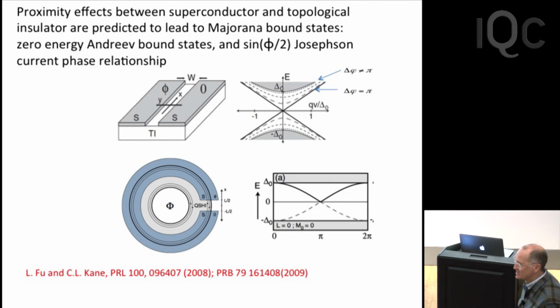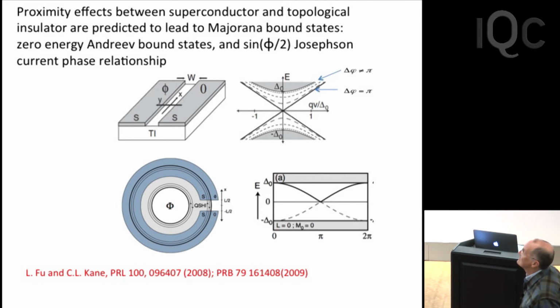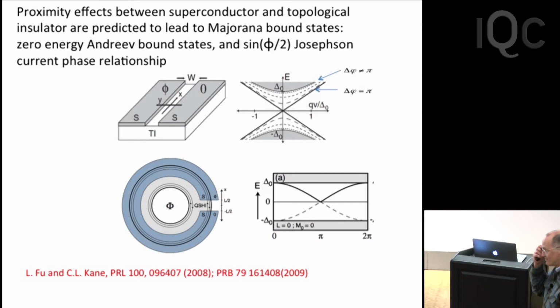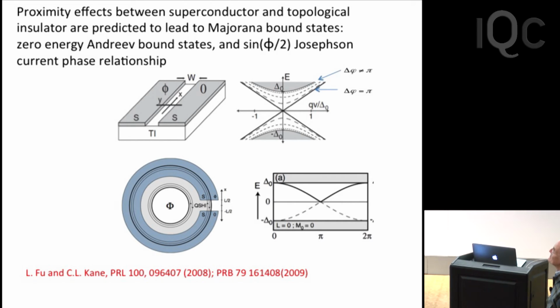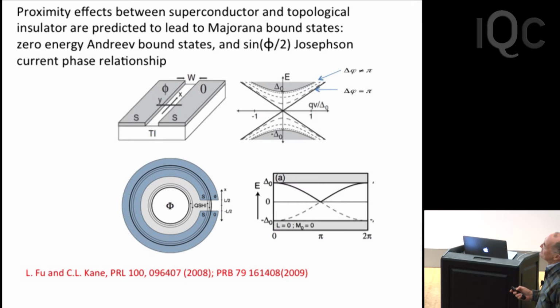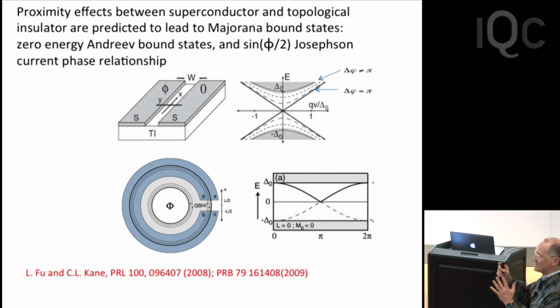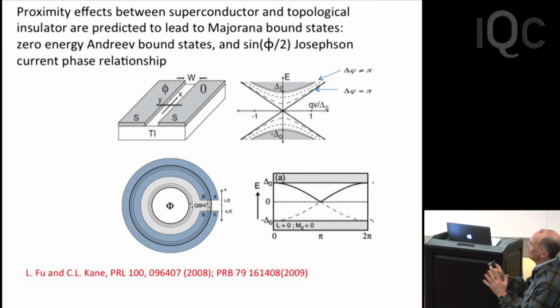It's been predicted that if you put a superconductor in contact with a topological insulator, lots of interesting things will happen. But in particular, in certain geometries, it's been predicted that you should get Majorana bound states. These are zero energy. They're called Andreev states that are trapped in between the two superconductors.